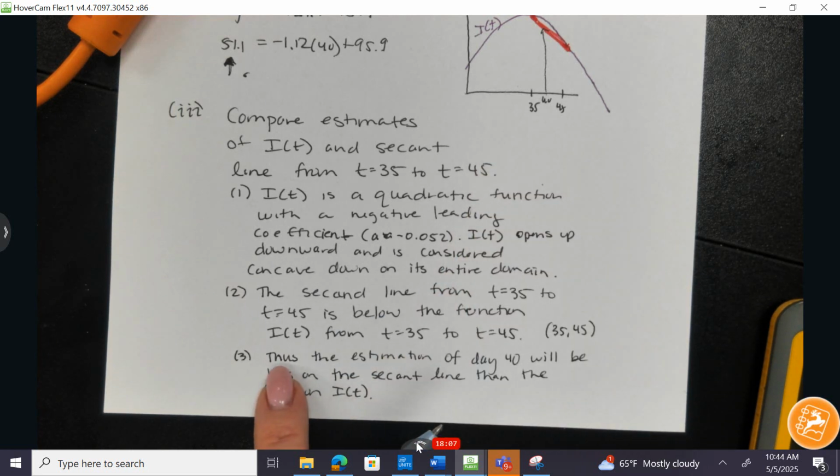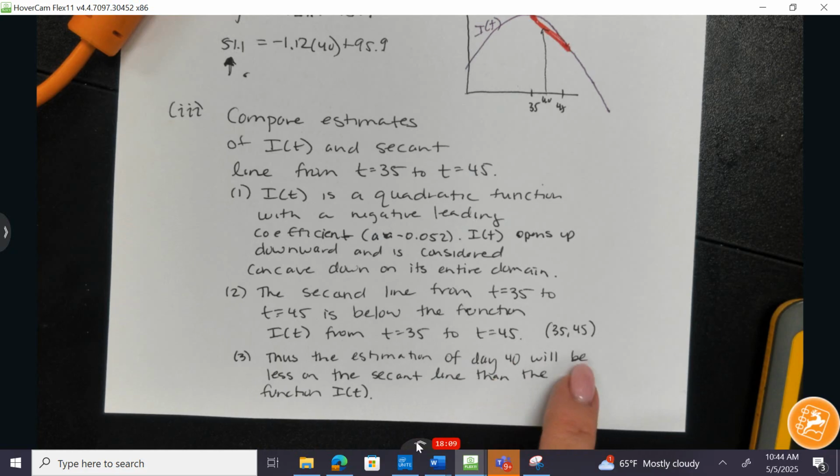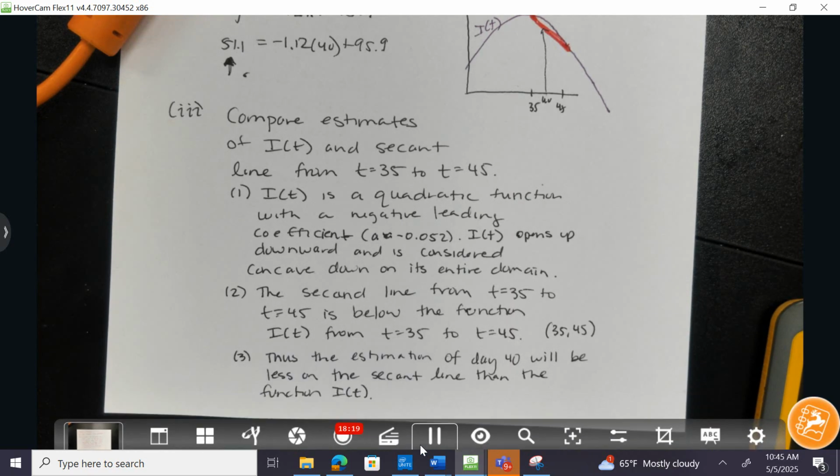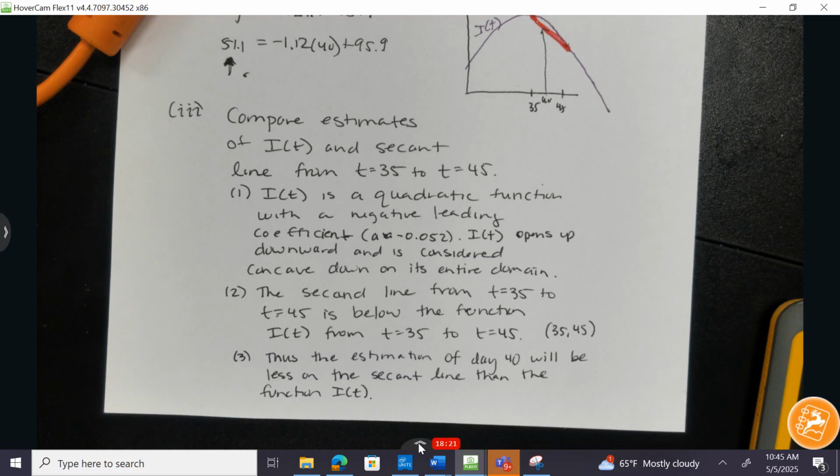So we can make the assumption that the estimation on day 40 will be lower on the secant line than it will be on the function I of t. Please don't hesitate to expand, giving as much information as you know as you compare these two functions.